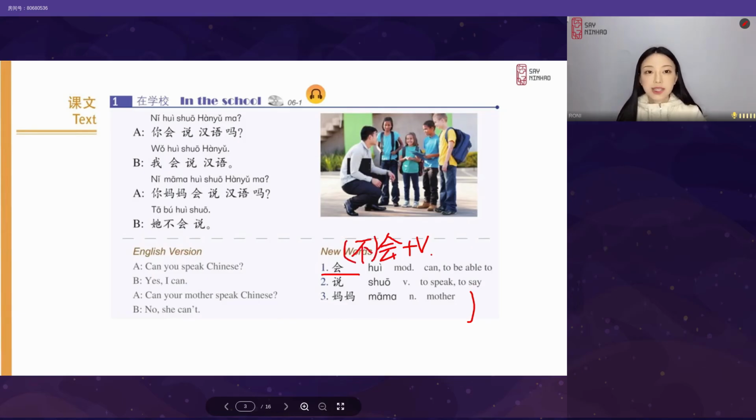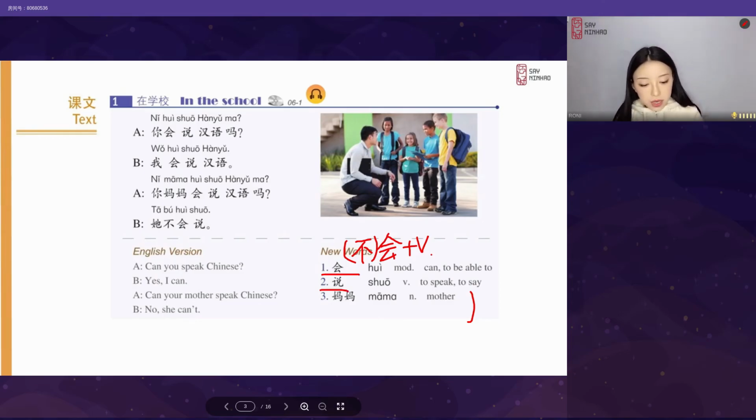And how to read it? It is 不会 because of the tone sandhi of 不. When 不 is before a fourth tone syllable, it will change to second tone. 不会. Okay, this is 会.